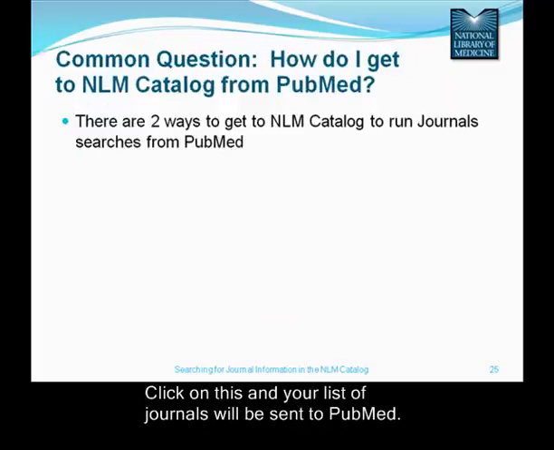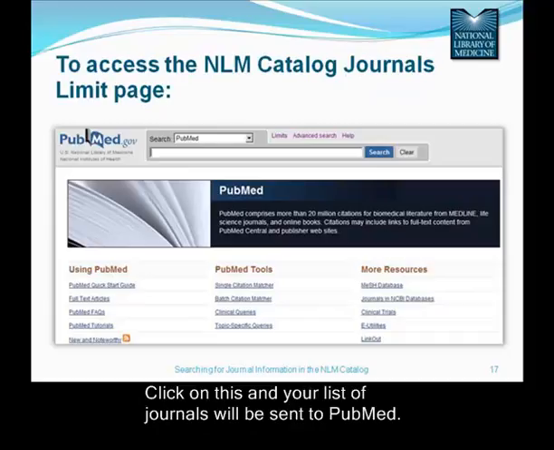A common question that we've gotten since we enhanced the NLM Catalog is, how can I get to the NLM Catalog to run journal searches from PubMed? And there are two ways to do that. In the first example, from the PubMed homepage, you can go to More Resources and click on the option for Journals in NCBI databases.